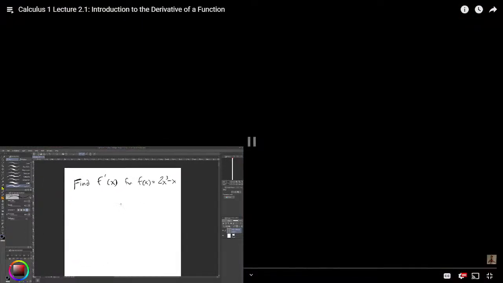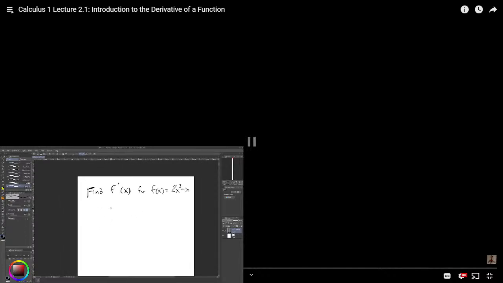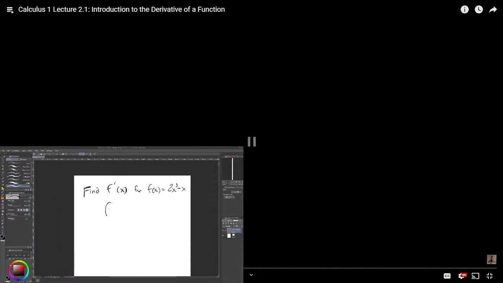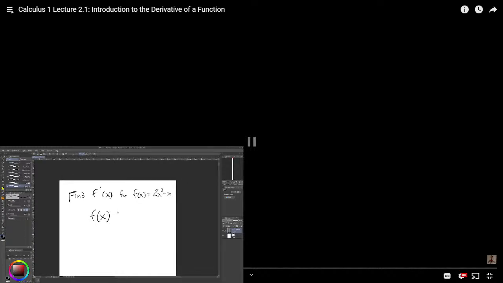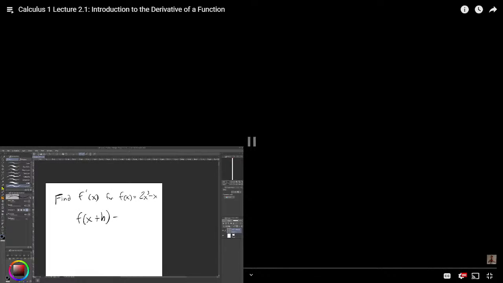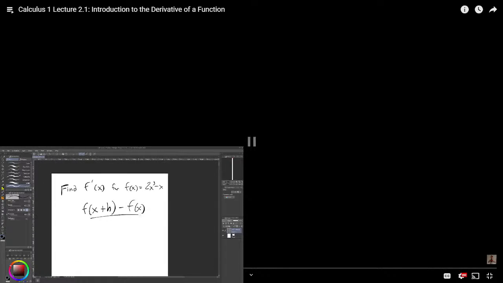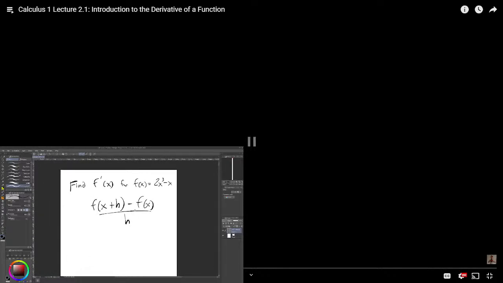Okay, let me try this on my own. So the difference quotient is f of x plus h minus f of x over h.